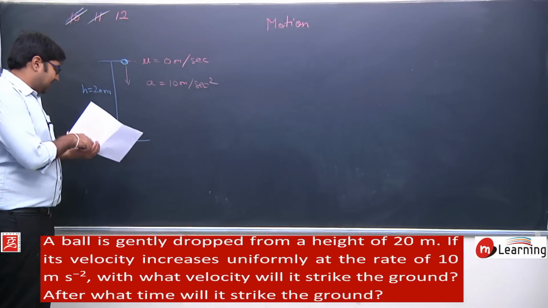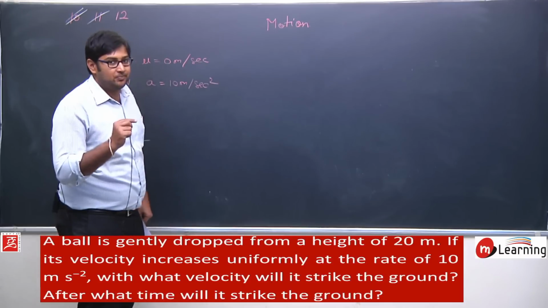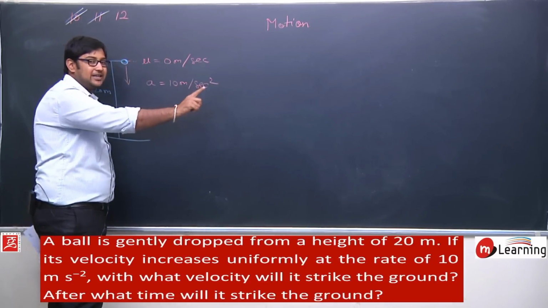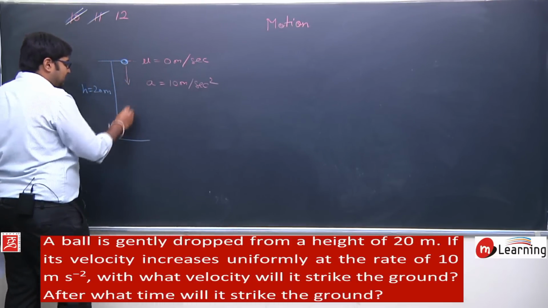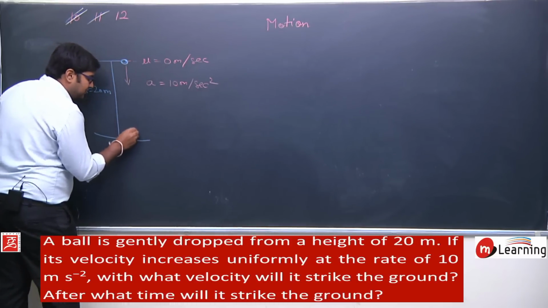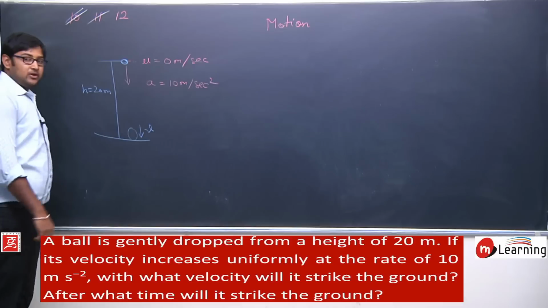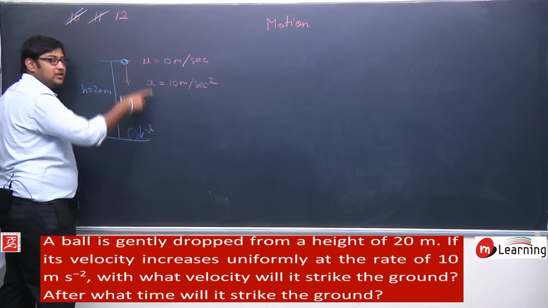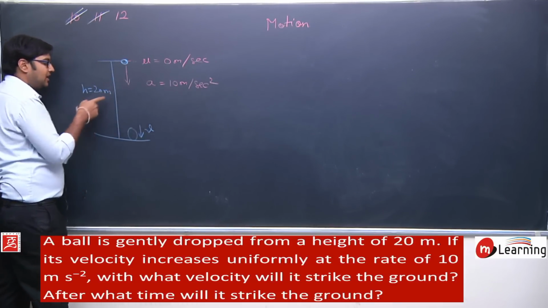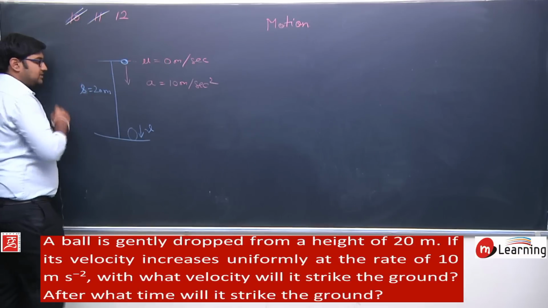So here I can apply the equation of motion because the acceleration is constant. It says that acceleration is 10 meters per second square, it is not getting changed. So now my task is to find with which velocity this ball will strike the ground. So let us say this velocity is v. Now do you know any equation which relates initial velocity, final velocity, acceleration and the distance traveled? This is s, we call it s.